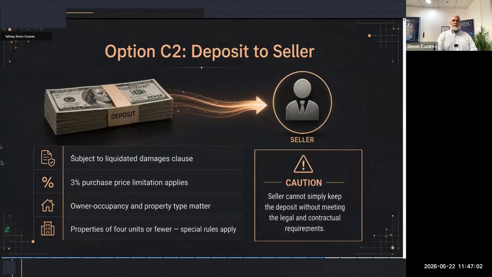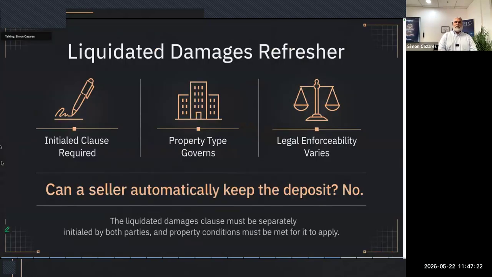Deposit to seller, subject to the liquidated damages clause. The 3% purchase price limitation applies, and owner occupancy and property type matter. For properties of four units or fewer, special rules apply. The seller cannot simply keep the deposit without meeting the legal and contractual requirements. Liquidated damages refresher: the initial clause is required, property type governs, and legal enforceability varies. Can a seller automatically keep the deposit?